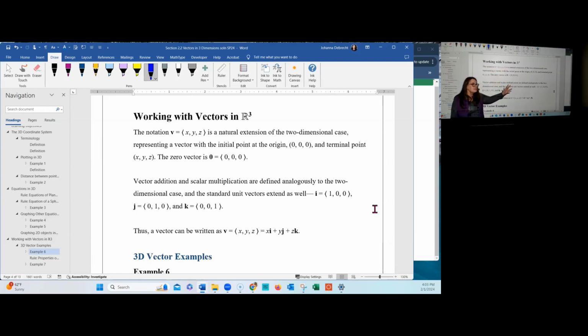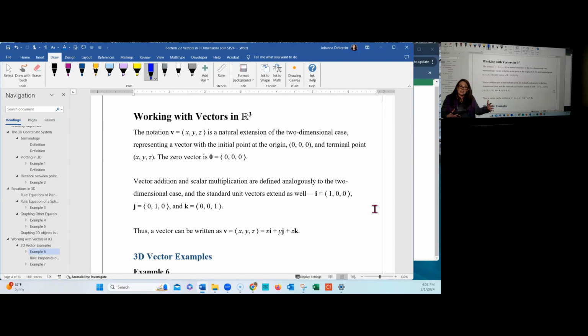It's just an extension of the 2-dimensional case. Our origin is now <0, 0, 0>, the ordered triple. And our vector in standard position is going to have initial point at the origin and the terminal point, wherever it stops in 3-dimensional space, be (x, y, z). The 0 vector, of course, is <0, 0, 0>.